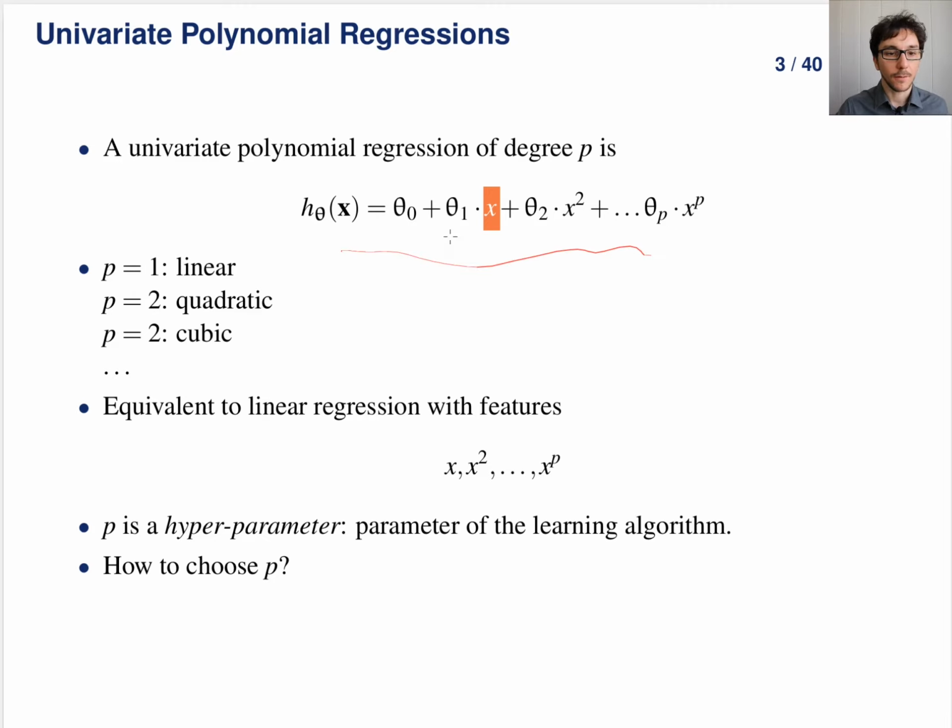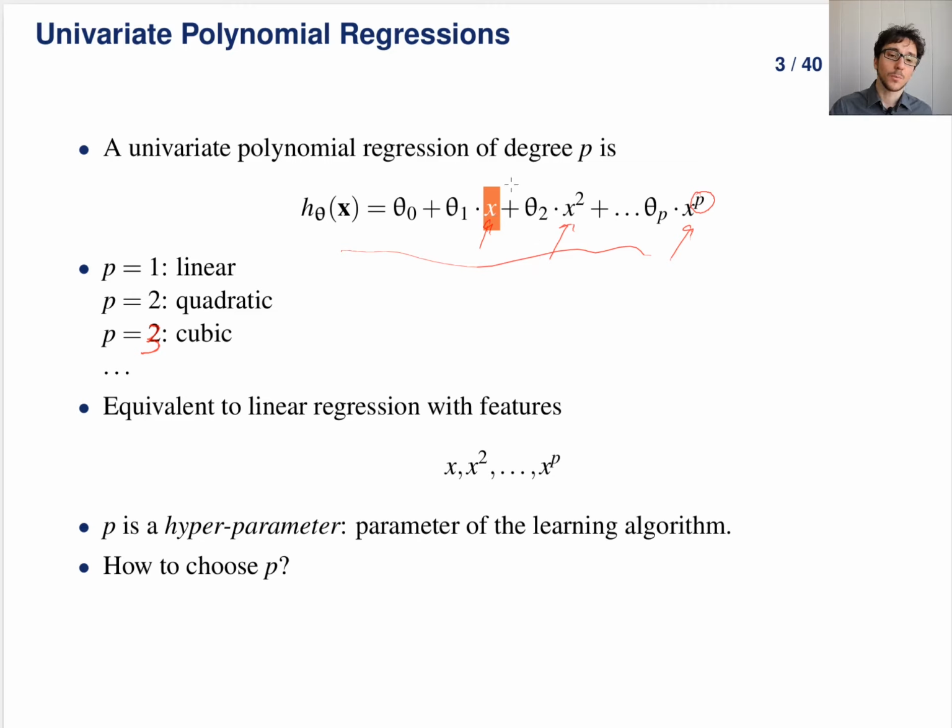So you have just one feature, but then you also add artificial features that are just the square, the same feature to the power of 3 or 4, up to a polynomial degree p. So if p is equal to 2, we say the model is quadratic. If it is equal to 3, the model is cubic, etc.